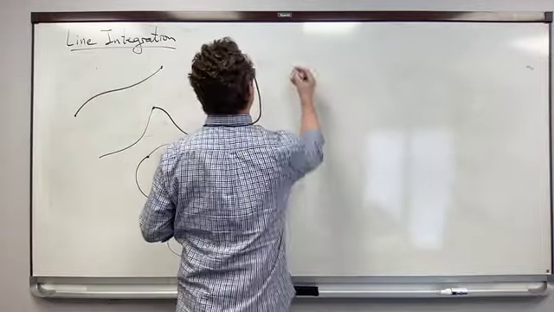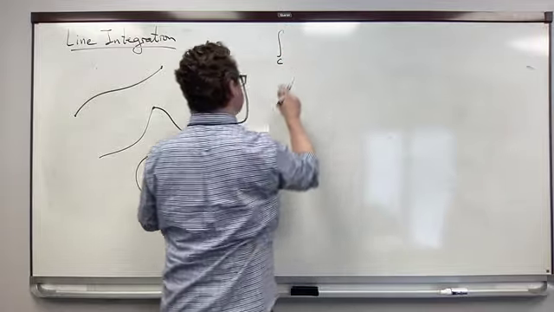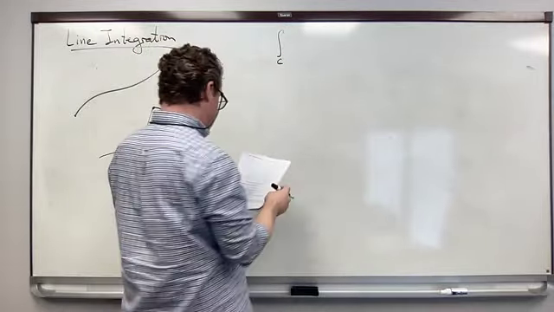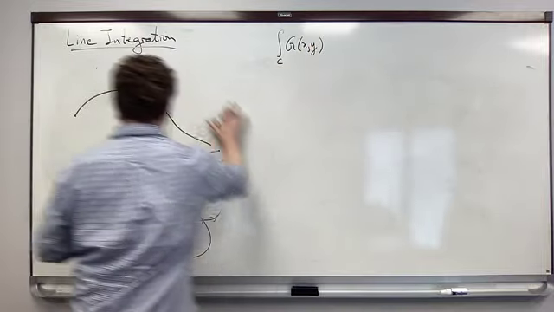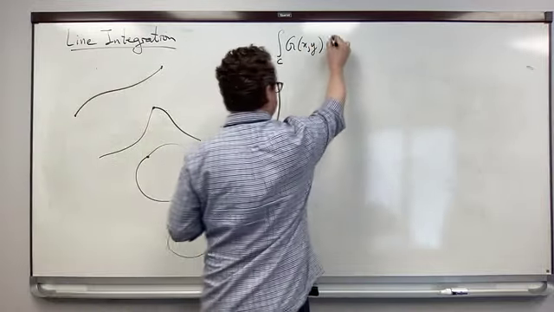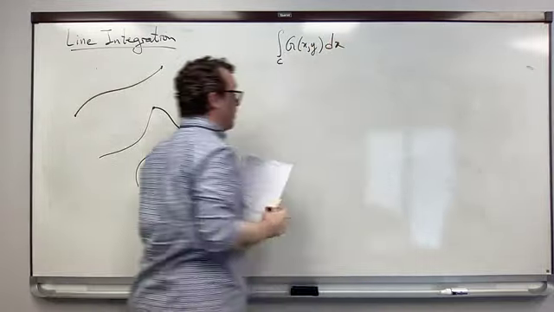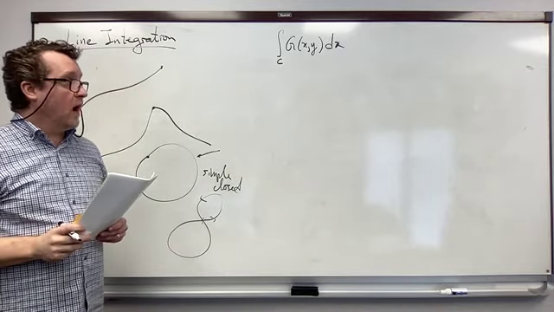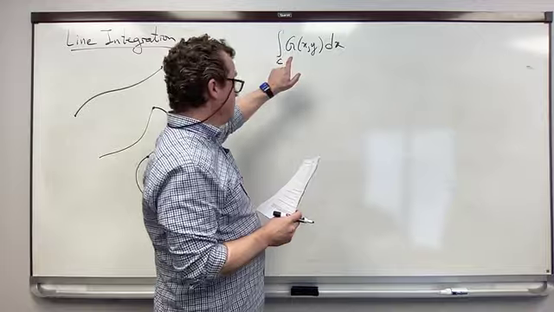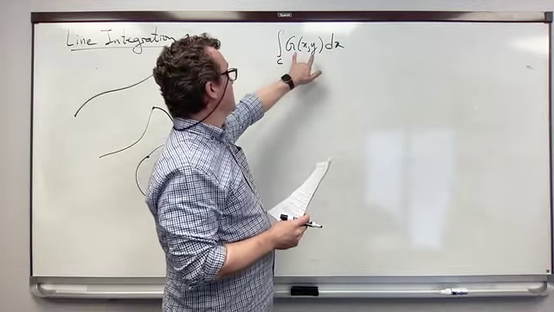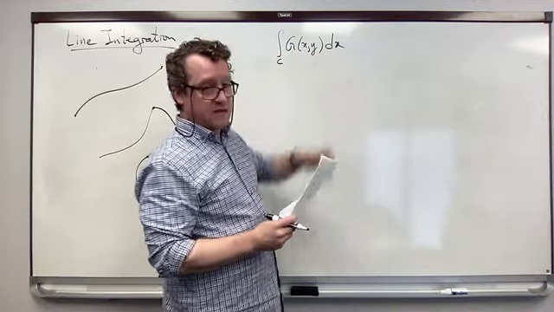So in general, we're going to have an integral, we say sub c, just to be general about it for a minute. And then let's say we have some function g of x and y. This is the function that's defined over the space. And the first case, I'm going to say I want to know how the function is varying as I move in x. Okay? So I'm going to move along this c, which is to be determined. I'm going to sum this function based on increments in x.